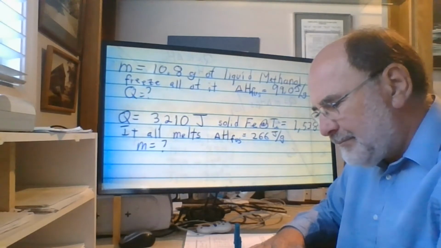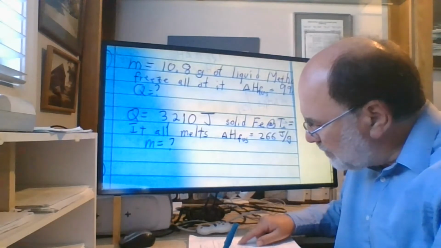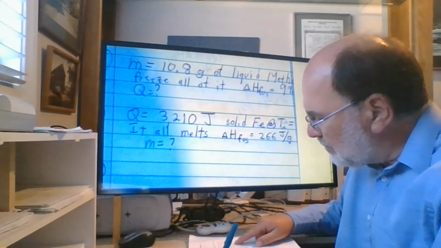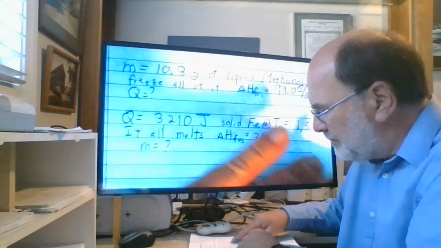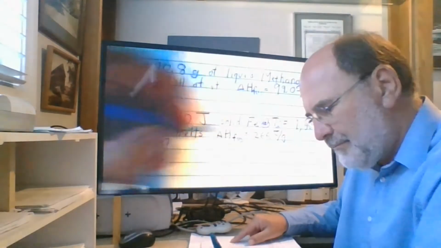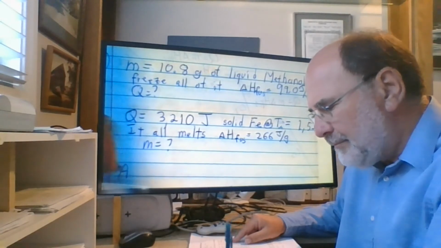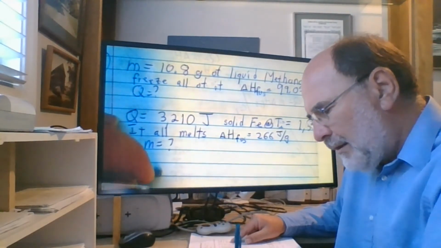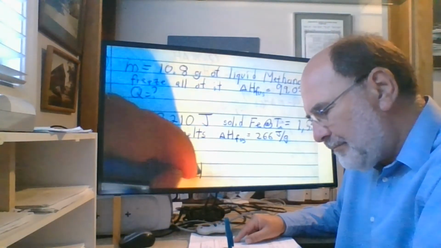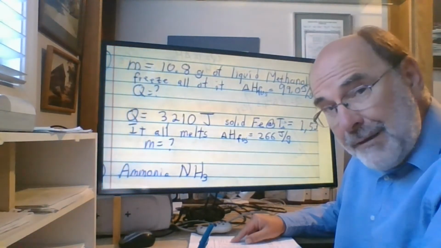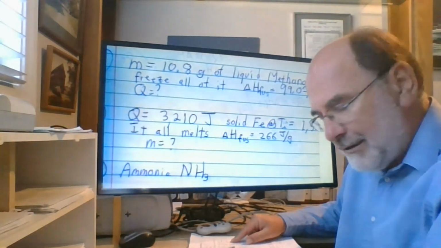All right, number 3. I have ammonia. And for this ammonia, by the way, as chemistry students, you should memorize the formula for ammonia is NH3. The ammonium polyatomic ion is NH4 with a +1 charge. Ammonia is a neutral molecule. NH3 is its formula.